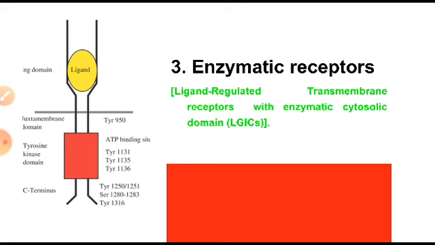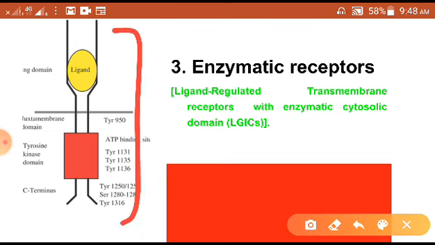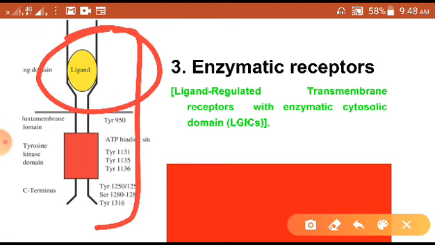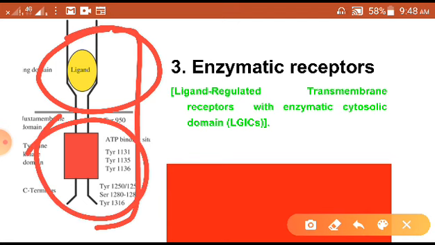If you see the diagram here, in the upper part you can see the ligand, and the lower part is the whole receptor. The upper part of the receptor has the ligand binding site, and the below part, which is the intracellular part or inside the membrane part, is called the transmembrane domain.